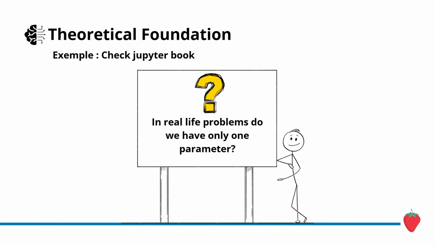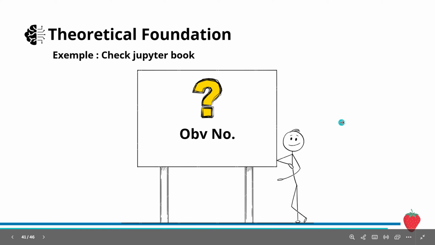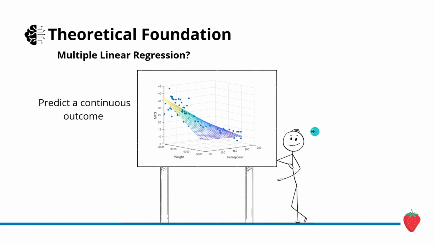Or is it related also to the quality? Is it related to the time of the year? So in real life problems, obviously, we don't have just one parameter, we have more. And we can handle that with multiple linear regression.